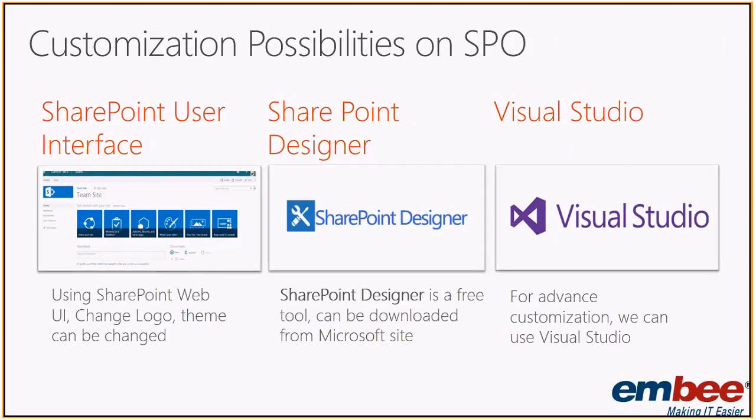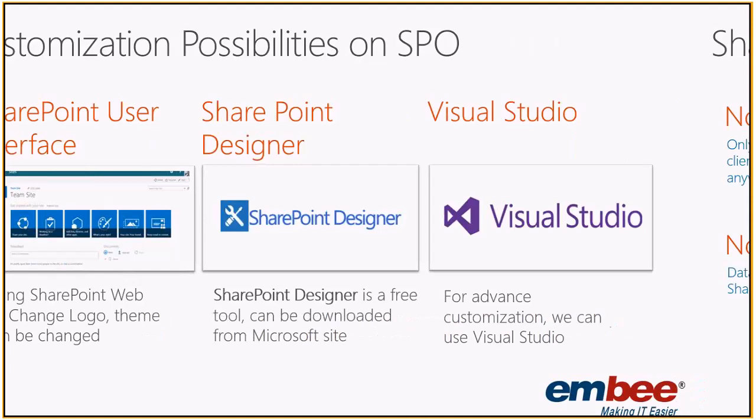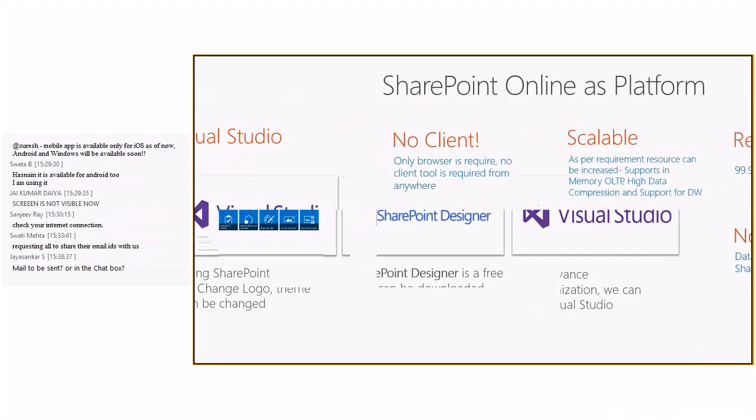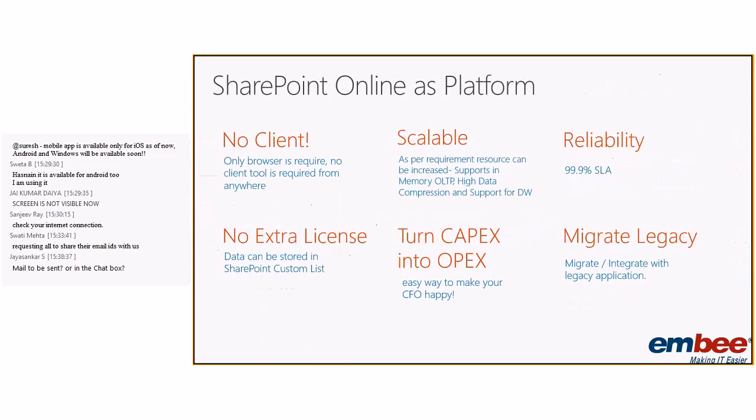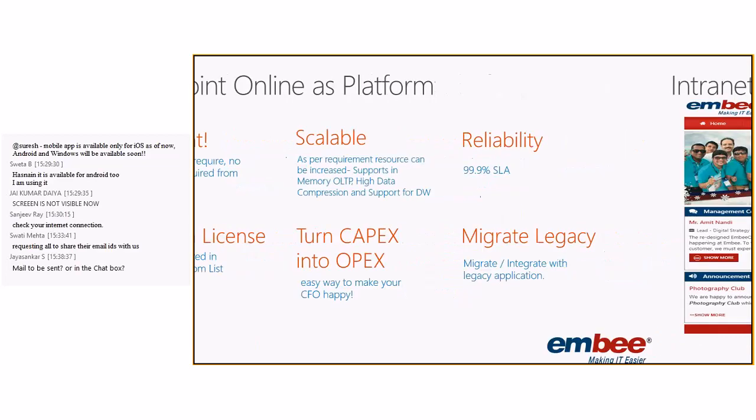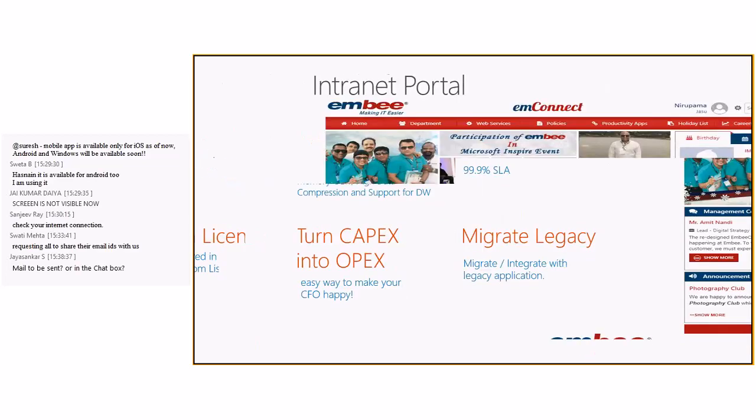Now you can use SharePoint as a platform as well. Whatever benefits you get from Office 365, Subhamoy has already discussed on this topic. Now you can create your own intranet portal, which means you can use your own company customized branding for this.